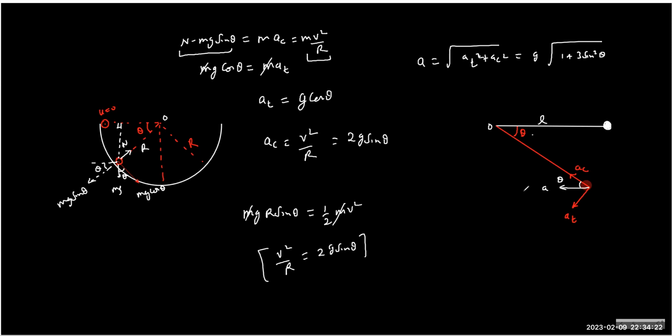You're not supposed to know any other chapter for this question. This is curvilinear motion, so I can only analyze things direction-wise. So you analyze things in AT, AC, and then you get A. So solve it. Tell me theta quickly.